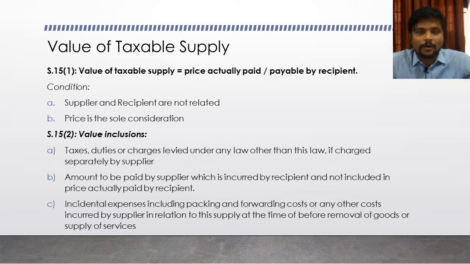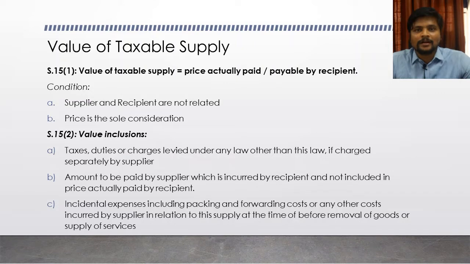Whatever amount is paid by the recipient of supply should represent the value charged by the supplier. If these 2 conditions are satisfied, then whatever price is charged by the supplier should be taken as the value for the taxable supply. Clear? So what are those conditions? Condition number 1, supplier and recipient should not be related persons.